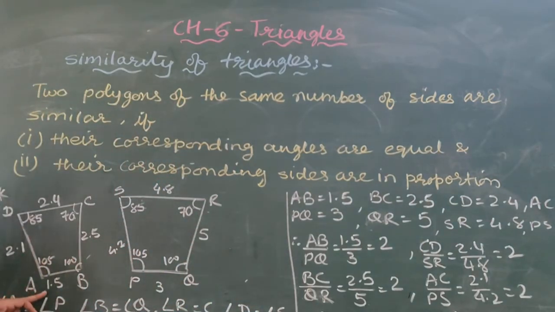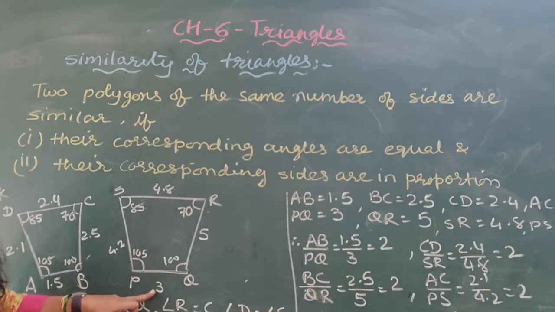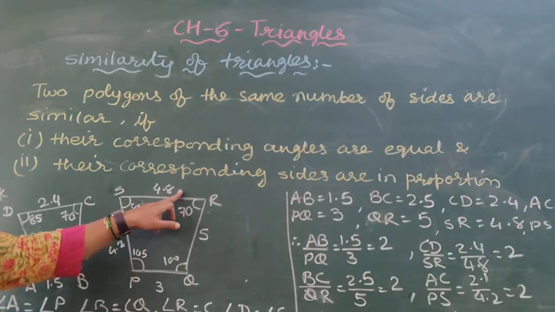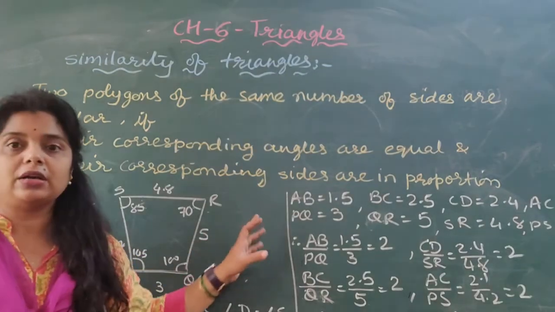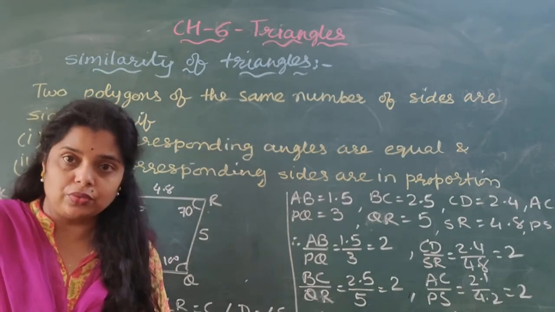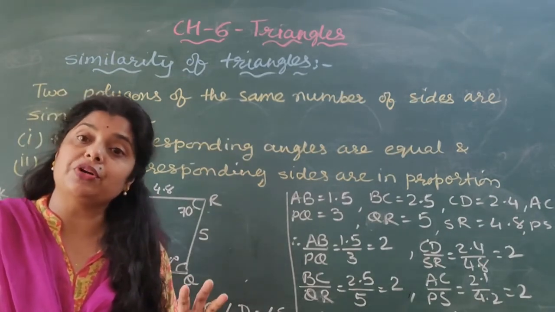If you see here, the lengths are given. AB is 1.5, BC is 2.5, CD is 2.4 and AD is 2.1. Similarly here, PQ is 3, QR is 5, SR is 4.8 and PS is 4.2. Okay, so when we take a ratio, we have to use corresponding sides.